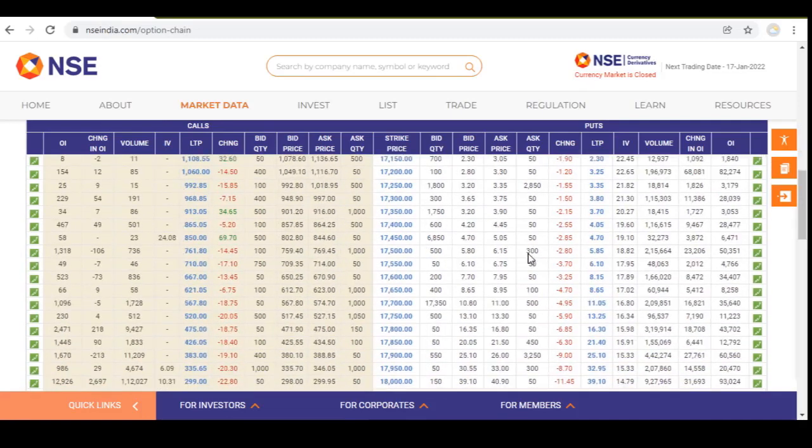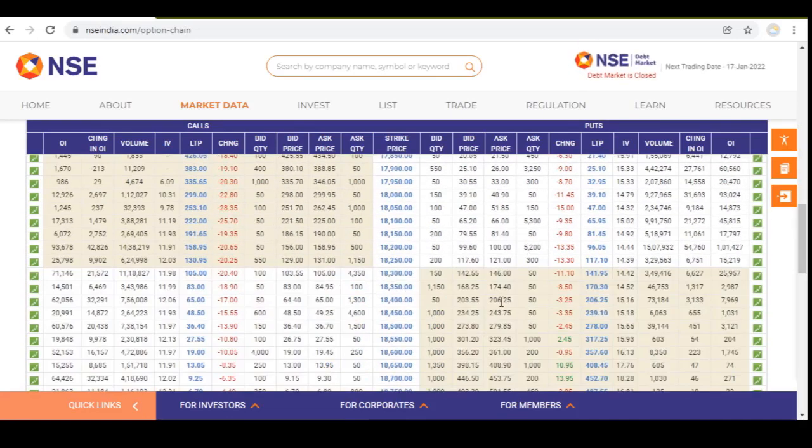So if I go further down, you can see the color scheme pattern reverses. So what was white here now turns out to be gray here. I'll tell you why this is happening. Actually, gray parts tell you the strike prices that are in the money. Alright, it can be for calls or also for the puts.